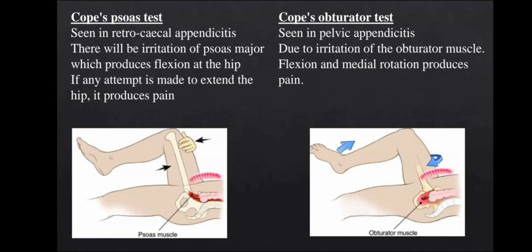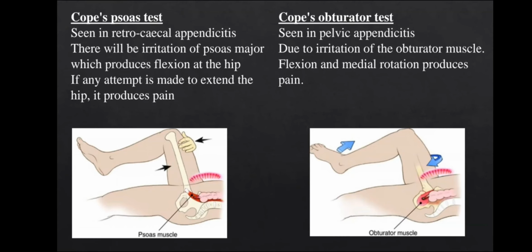And next, in pelvic appendicitis, Cope's obturator test will be positive. That is when we do internal rotation of the right hip, that will cause pain in the right iliac fossa. Hyperextension, in the Cope psoas test, is for retrocecal appendix. Internal rotation, in the obturator test, is for pelvic appendix.